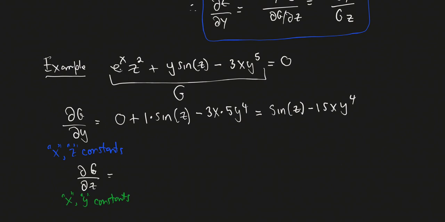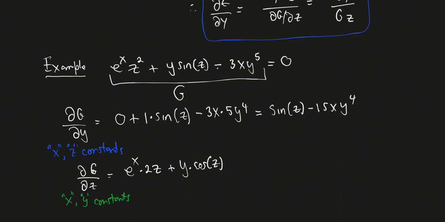So let's see. So now the e to the x will come down, times, and then when I differentiate z squared with respect to z, I'll get 2z, right? Keep going, plus, again, the y is now a constant, so bring down your y, constant multiple. Derivative of the sine of z is cosine of z.